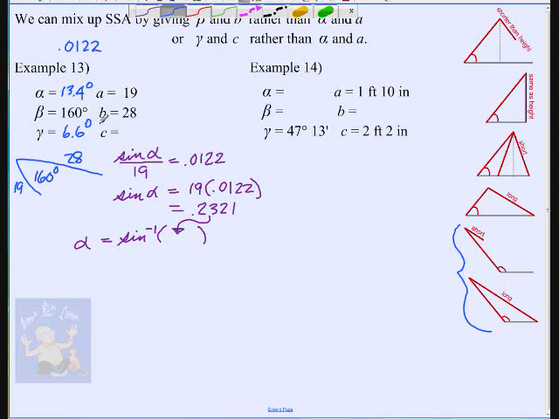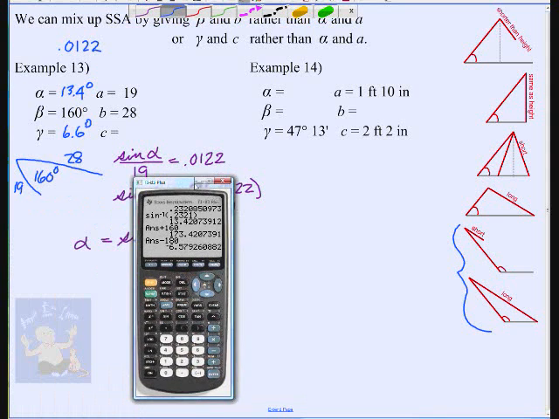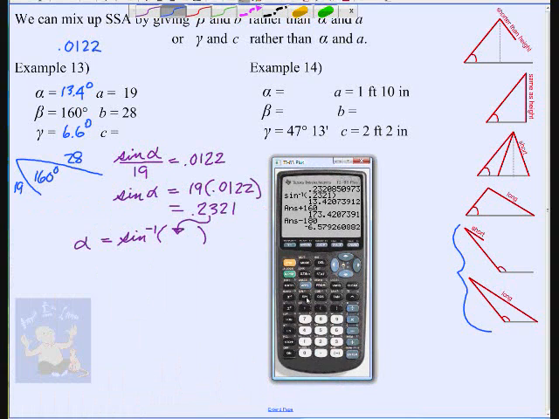All right, now I'm going to figure out what C is. How do we do that? We find the sine of 6.6 degrees, and we divide it by the ratio 0.0122.